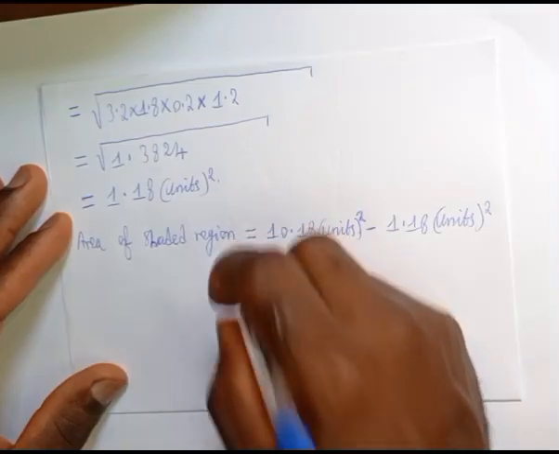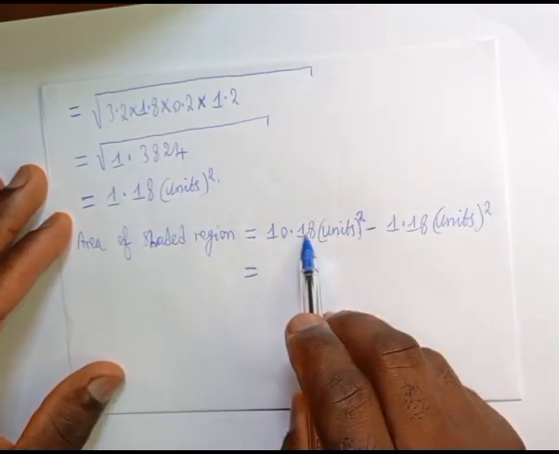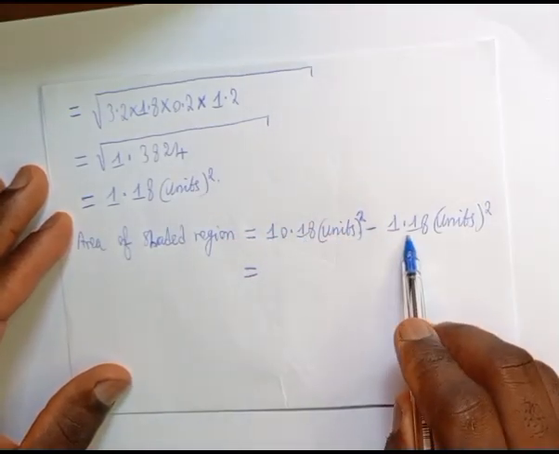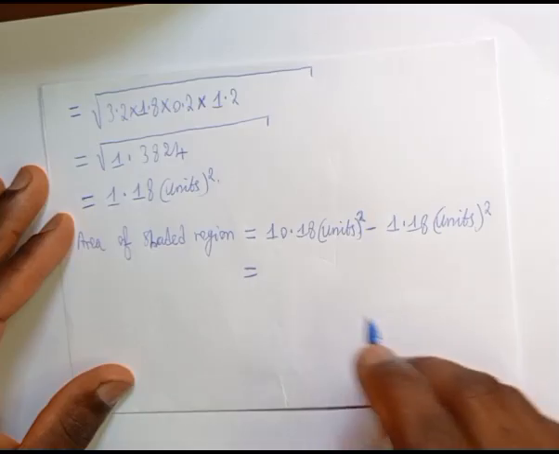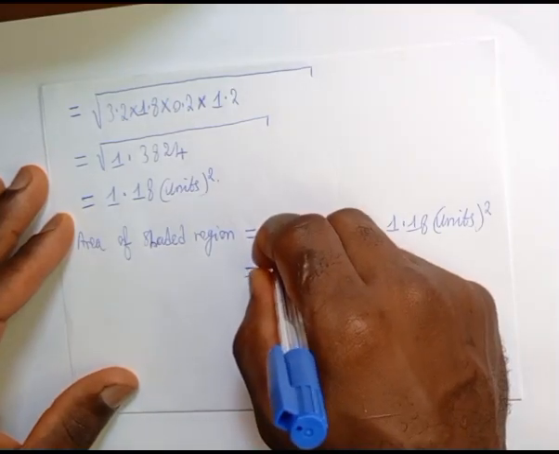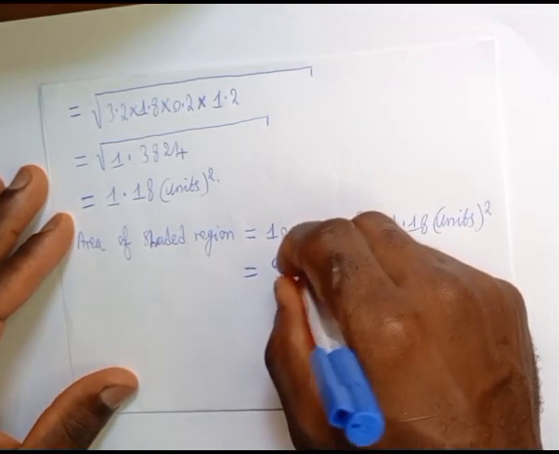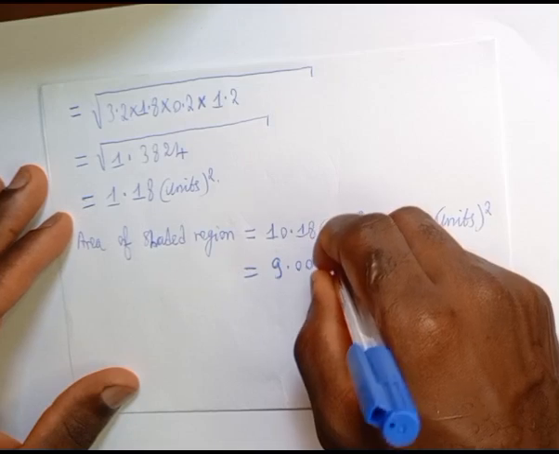This will simply be equal to 10.18 minus 1.18, which gives us 9.00 units squared.